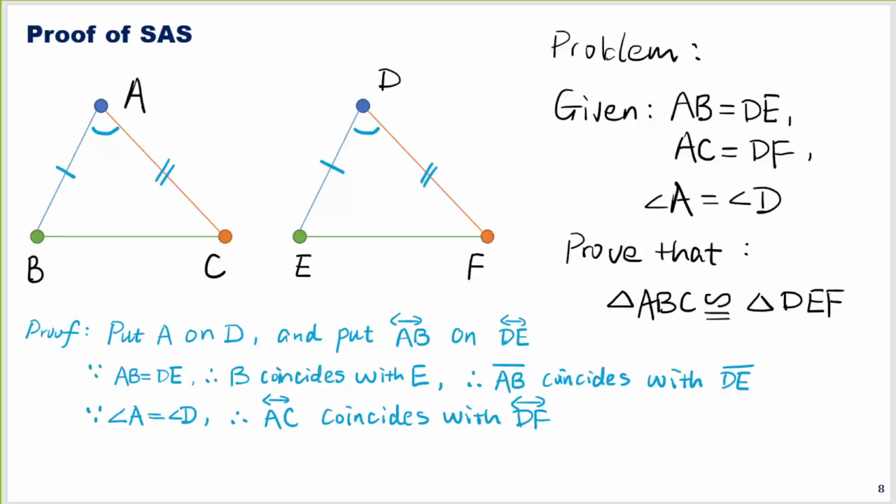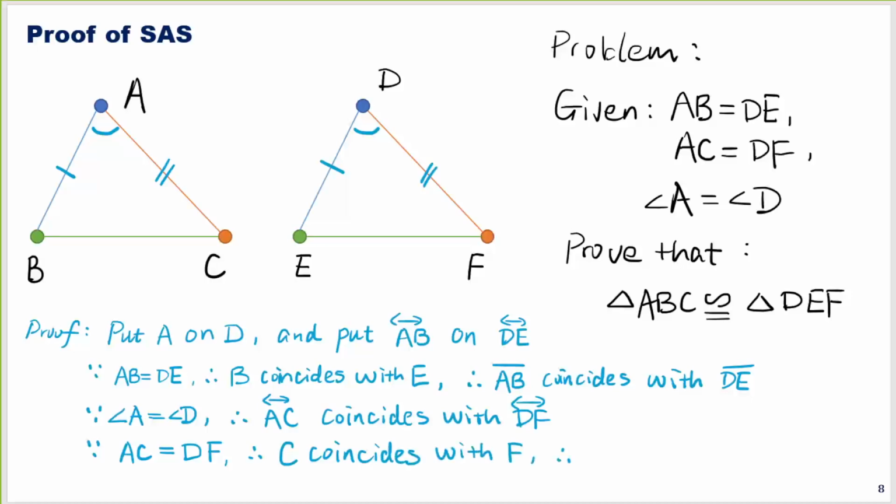Can you follow me? And because segment AC equals DF, this is also known to us, we know point C must coincide with point F, right?